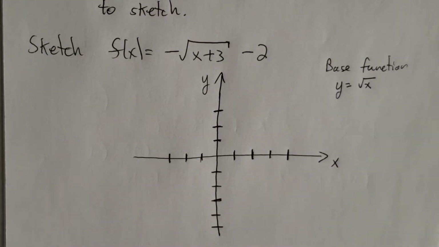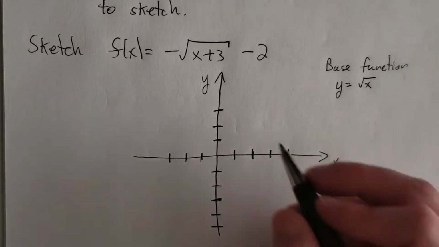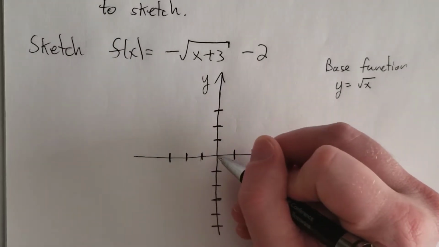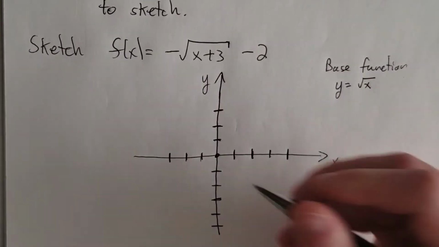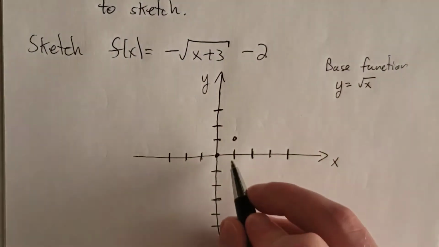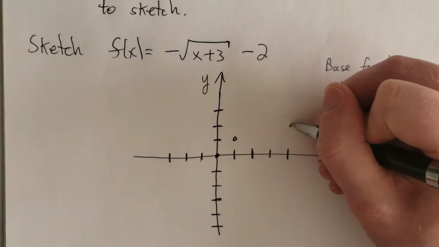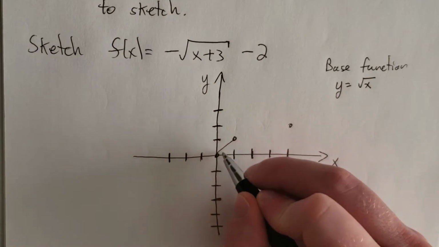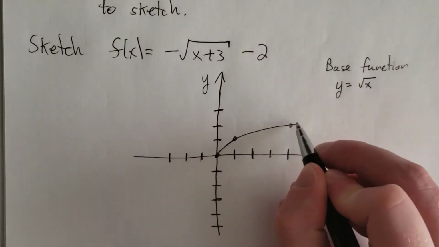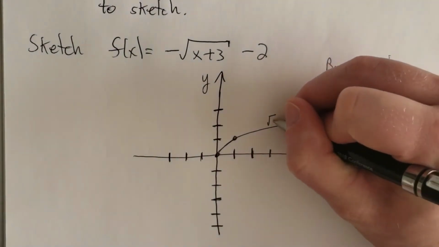So we want to start with that. Well, we know how to graph that, right? Y equals square root of x looks like 0, 0, 1, 1, and 4, 2. So it looks like this. And so this is the square root of x function.